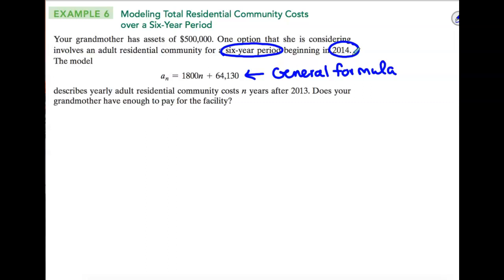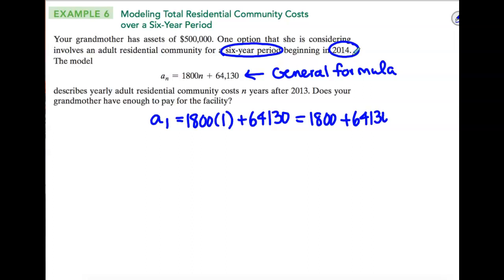So one way to do this is to start finding how much it costs every year. So you could substitute 1 in for N. So 1,800 times 1 plus 64,130. 1,800 plus 64,130.